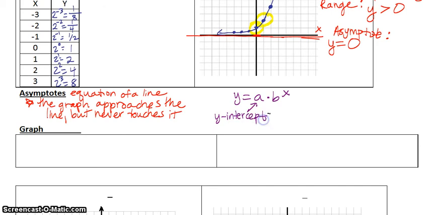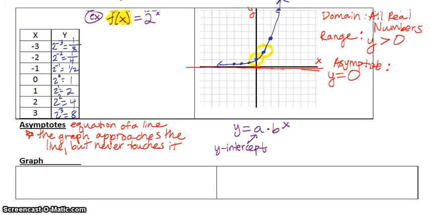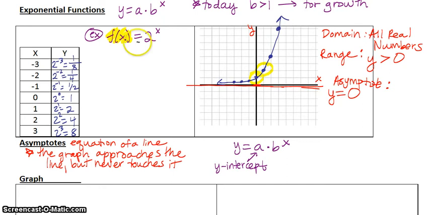Now actually this may not have been obvious, because if I go back to my original equation, it didn't have a value there. Really, it did. It was a 1. They just didn't write it. And that is why my y-intercept for this one is at 1. So the a value, or the number in front, is always the y-intercept, and if there's nothing there, it's a 1. And then the b basically tells us if it's going to be growth or decay.